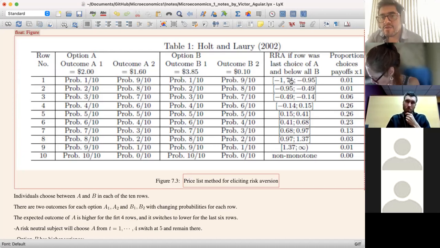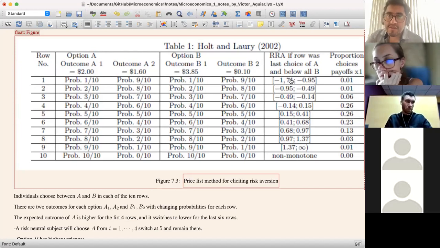Maybe is there a way to get rid of expected utility and still get some idea of a non-parametric way of doing risk aversion? So, a lot of the work that I was mentioning in proposing alternatives to expected utility is basically with this idea to create a more flexible model that still can be used with the Holt and Laury price list method to get you risk aversion.